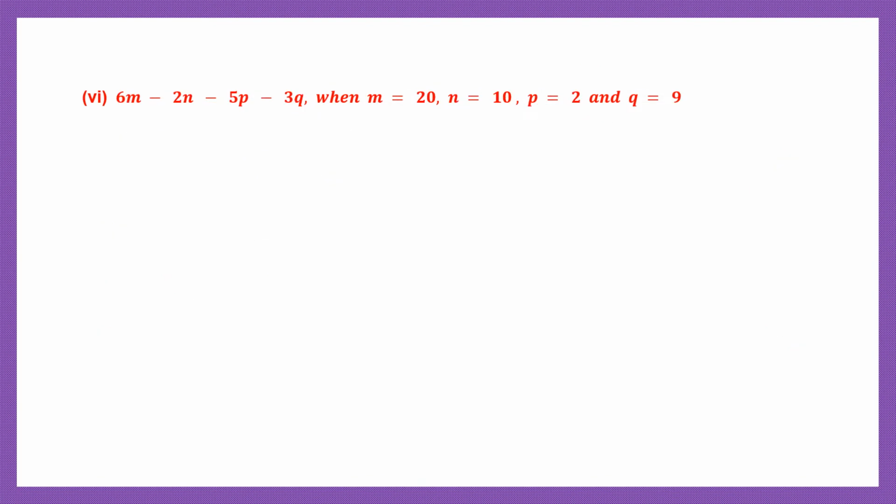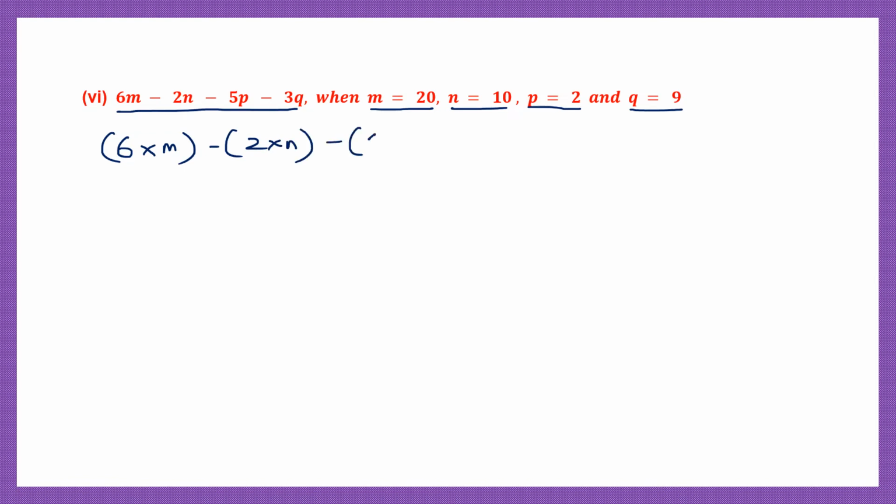Next question, question 6. The expression given to us is this, and the values for the variables have also been given to us. So these are all the values for the different variables. So let's begin. 6m will be 6 into m minus 2 into n minus 5 into p minus 3 into q. Now we are going to substitute all the values.